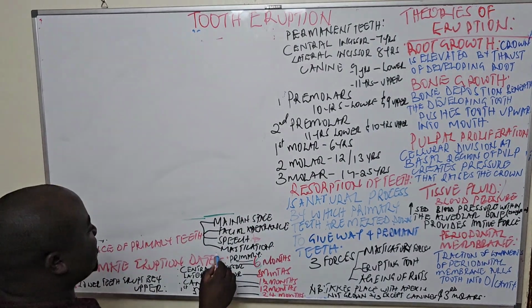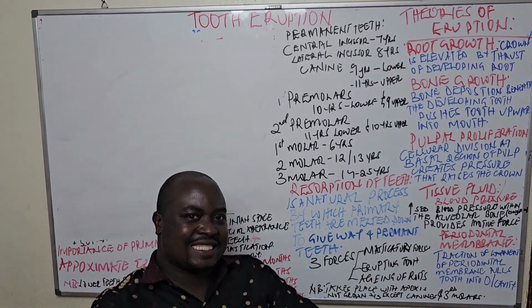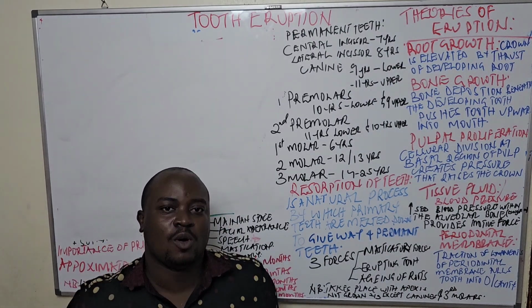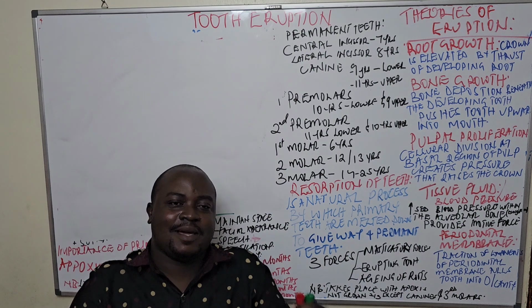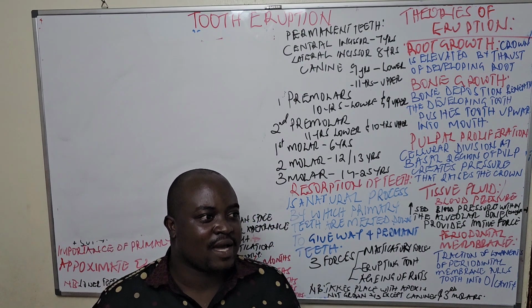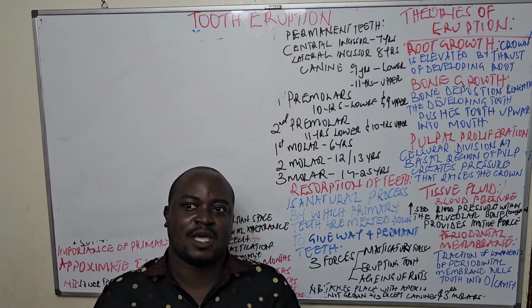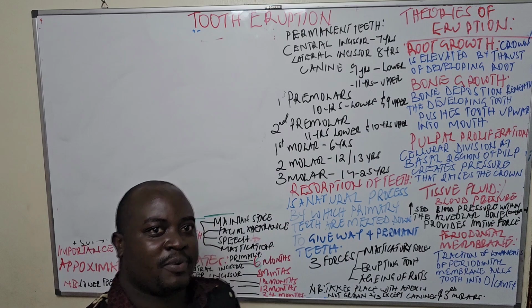Another one, mastication. We define mastication as the physical breakdown of food. So the moment the food reaches the GIT or the stomach and the other parts, it can be broken down by enzymes. But we need the physical breakdown.